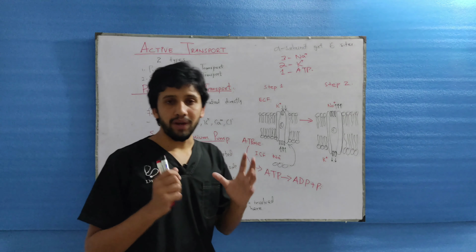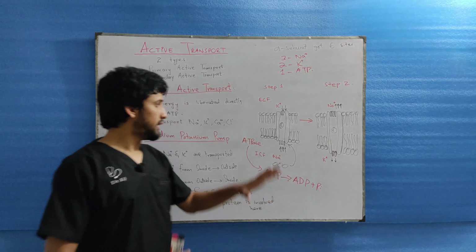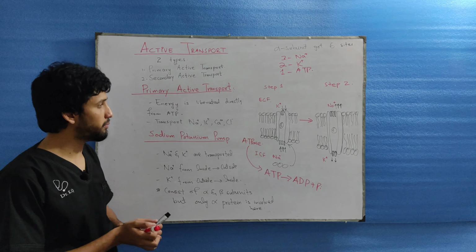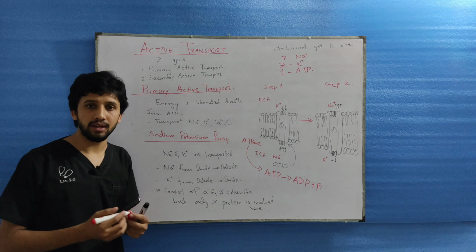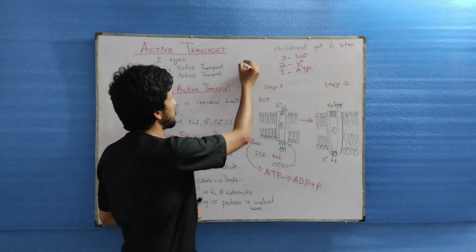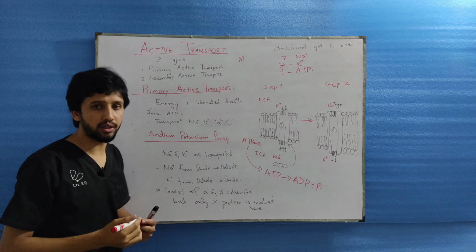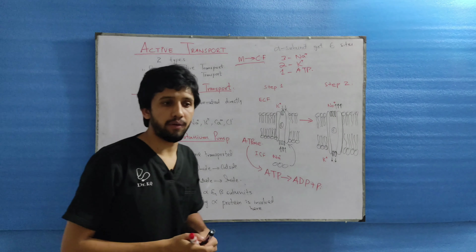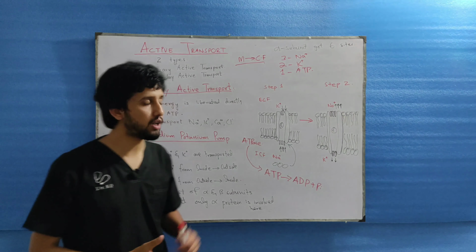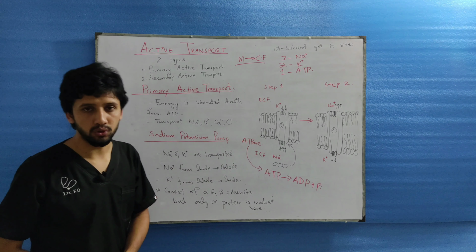Whenever there is an abnormality in this sodium potassium pump, like in myocardial infarction or myocardial failure. These sodium potassium pumps are also present in the renal tubules.